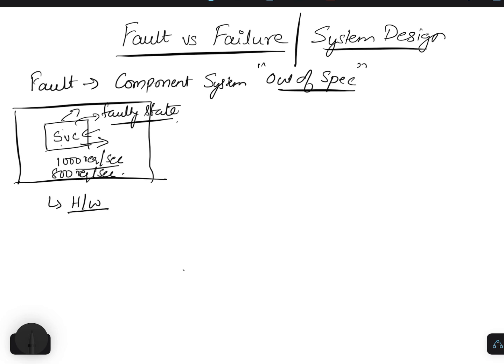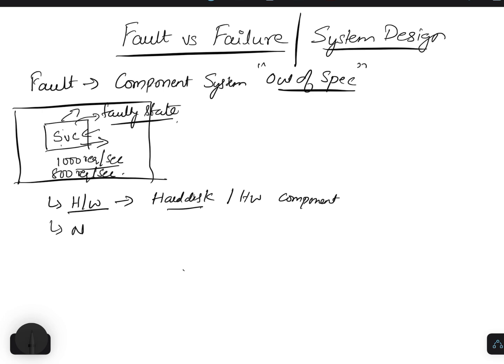Some hardware component that the service relies on has become faulty or is operating out of its spec. For example, the hard disk has become faulty, or some hardware component in that system has become faulty. In that case, we can say that this component is faulty because of a hardware fault.